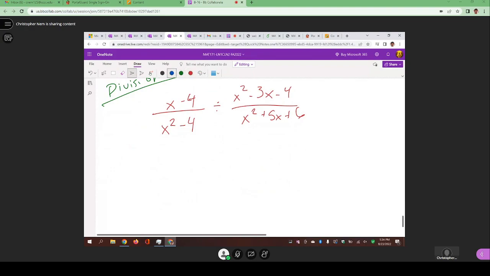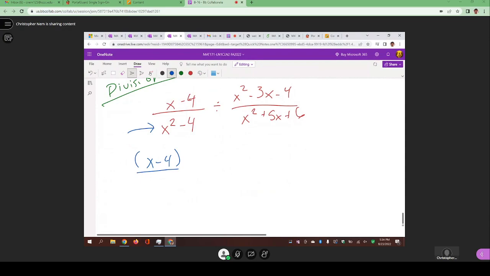Before we even start that, let's just factor everything out. I get x minus 4, and then the factor of this is almost a perfect square. However, we do know how to deal with it. Remember, if there's no middle term, we can add 0 times x.